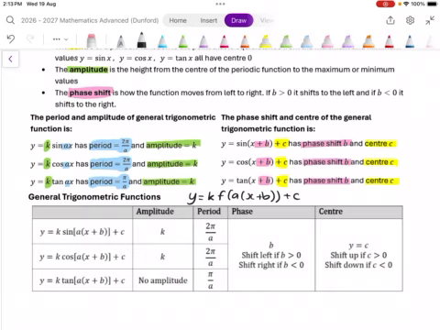Now, what we need to do is work out what do we multiply 2 by to get pi. So what is the opposite of multiplying by 2? It's dividing by 2. So we need to divide our pi by 2 to get pi on 2 inside our bracket. And then we have our plus 1.